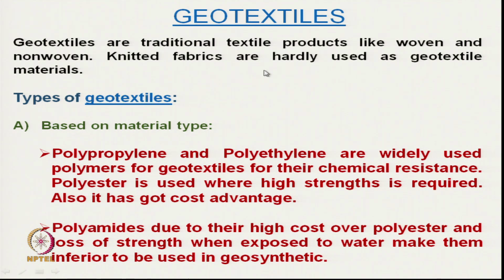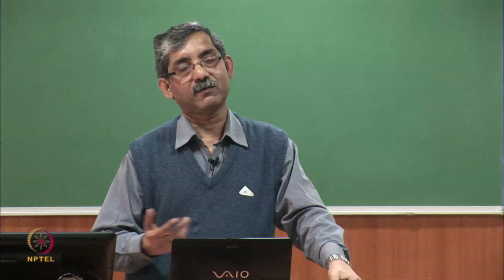If we try to classify geotextile, we can classify it first based on the material used, the raw materials, like synthetic fiber or natural fiber: synthetic geotextile, man-made geotextile or natural fiber geotextile.